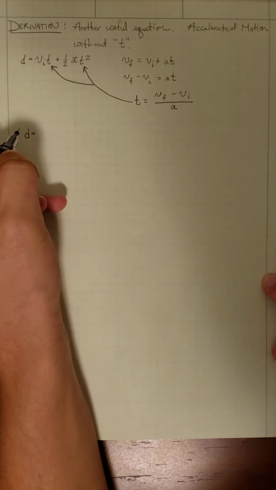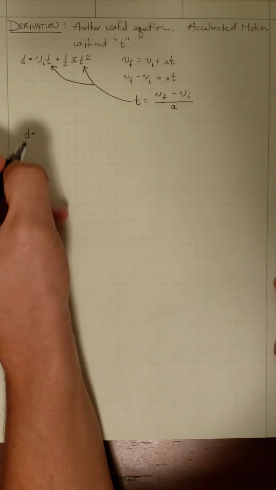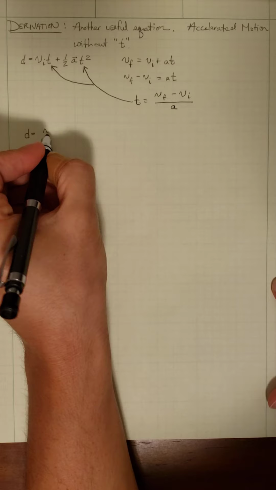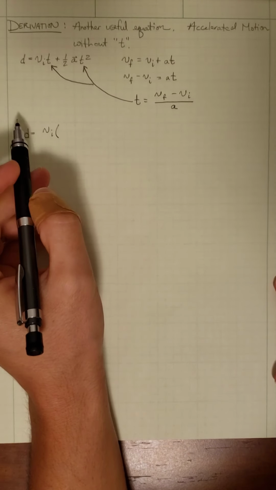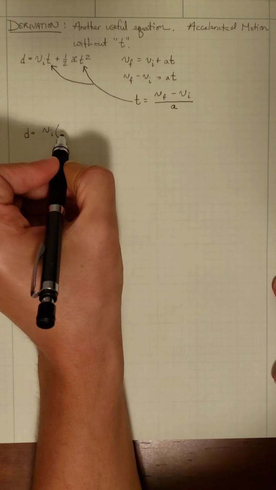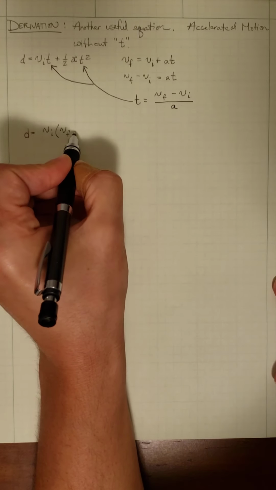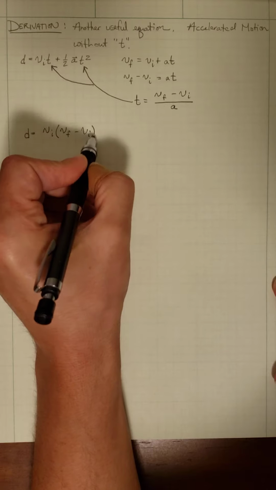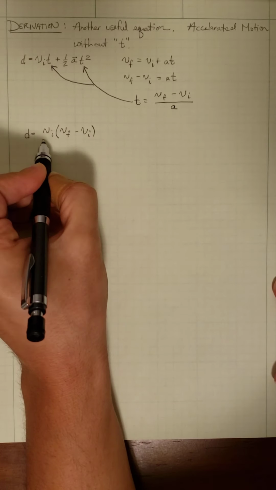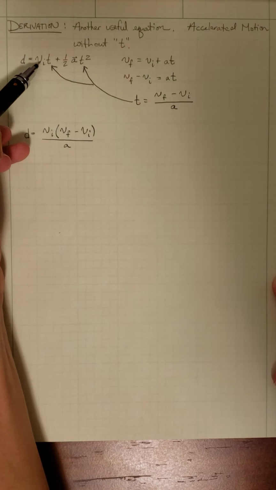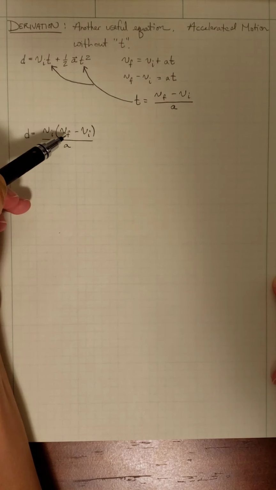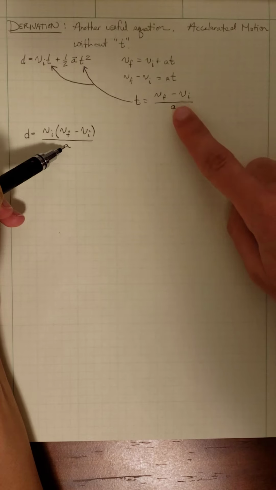d equals vi times vf minus vi over a. Do you see where that came from? We have the vi from here times vf minus vi over a.